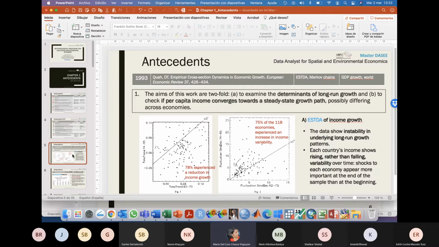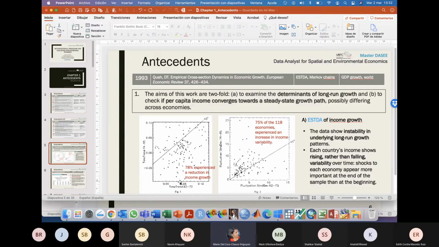I don't know if you can see all these dots, the letters in red. So very low, or here, low growth rates followed by low growth rates. So it is something that is worrying.